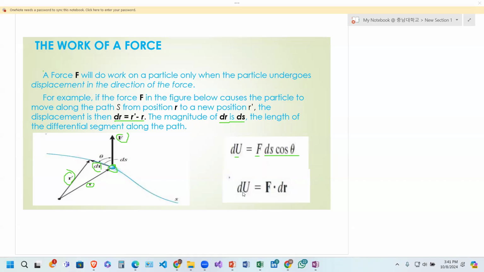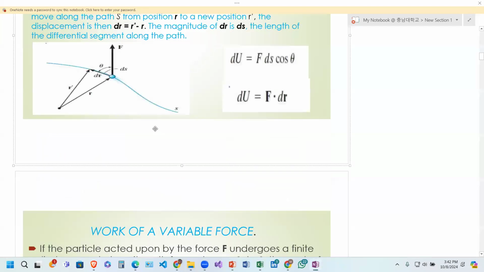So dU is given by force times the distance that is displaced, the displacement, because work is force times distance. So we have force times dr, but in terms of position as described, we have to resolve, meaning that our dr is the same as ds cos theta. Remember, those are things that we need to take into account. All right, let's get back to learn more of this.